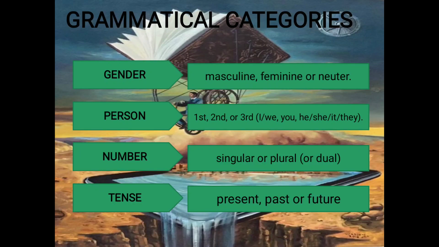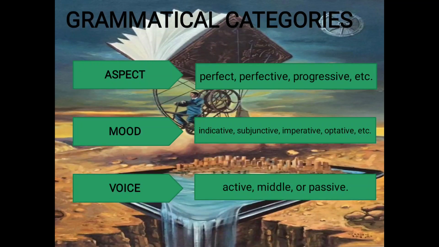Number: singular, plural or dual. Tense: present, past or future. Aspect: perfect, perfective, progressive and so on. Mood: indicative, subjunctive, imperative, optative. Voice: active, middle or passive.